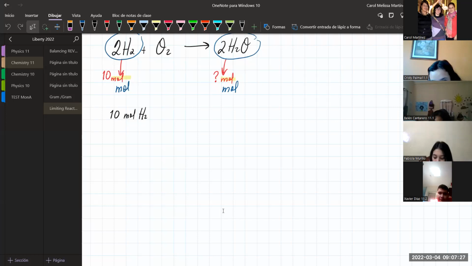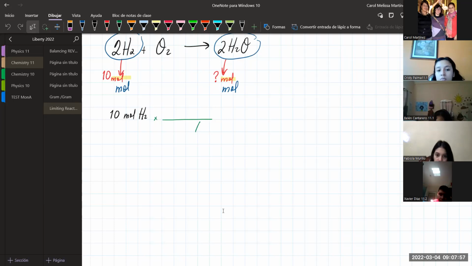So I start with the given, and now I use the mole ratio. What's the mole ratio? Where do I write H2? Up or down? Down. So, 2 moles H2, and above, how many moles of water? 1 mole.